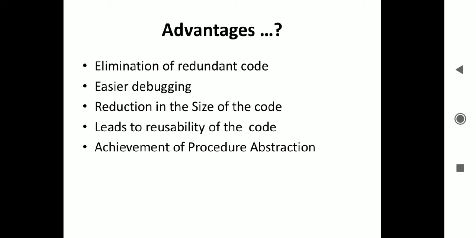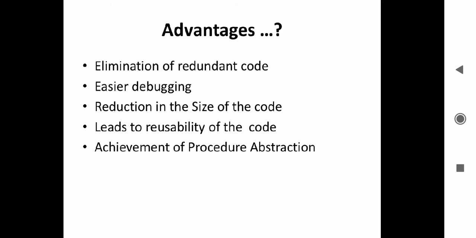Suppose you want to execute a particular set of, say, 15 lines of statements 50 times. You would need to copy and paste again and again, so the program will become bulkier and larger.